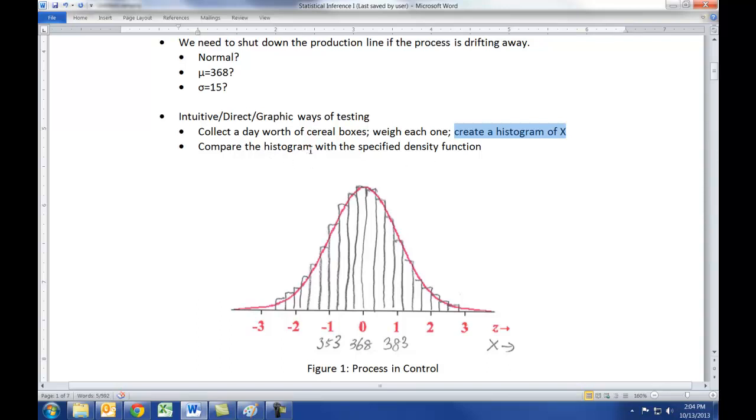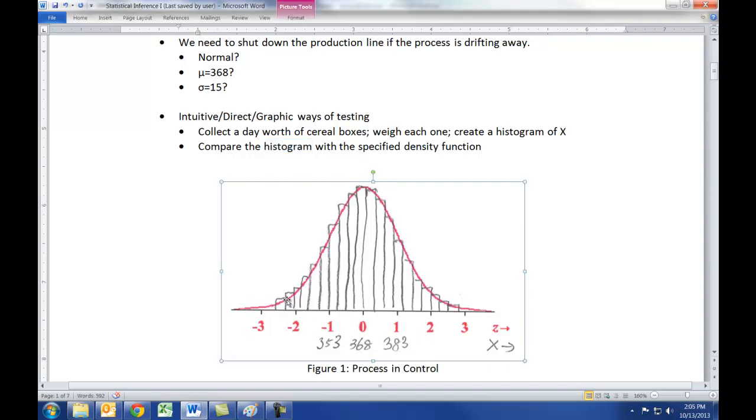And once we create such a histogram with 10,000 boxes, we could compare it to the specified density function. In this case, the specified density function is a normal distribution with the mean of 368, and the standard deviation is 15.